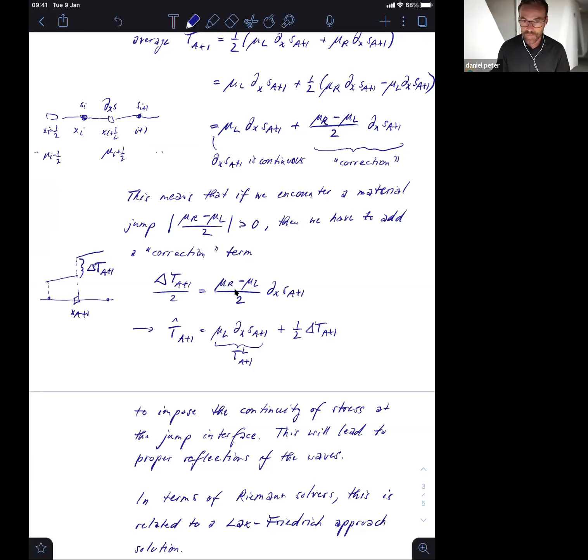Good. The finite volume methods, you can start looking at it and you keep going deeper and deeper with the method. But it's a fun approach to solve especially nonlinear problems.